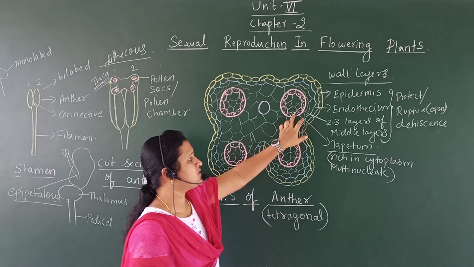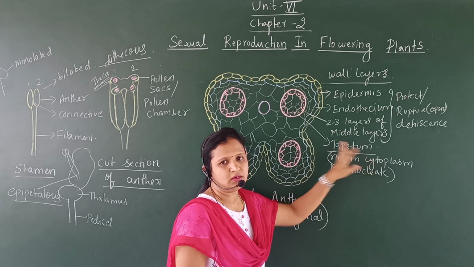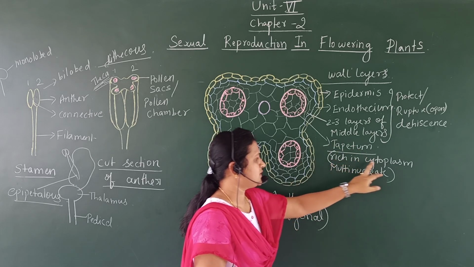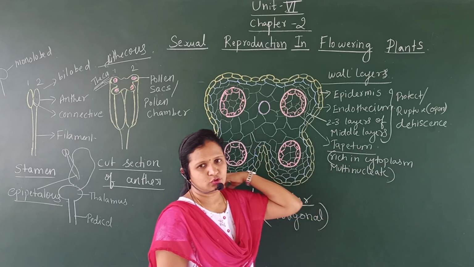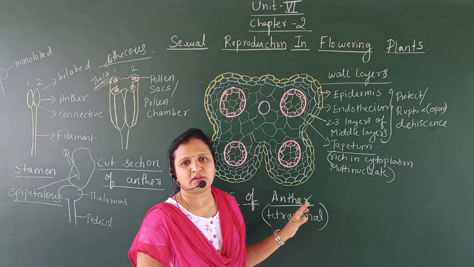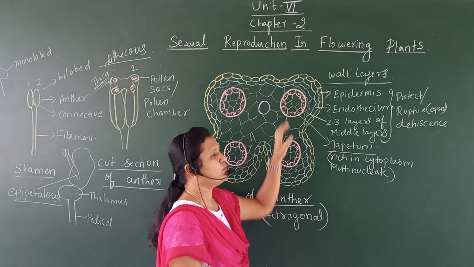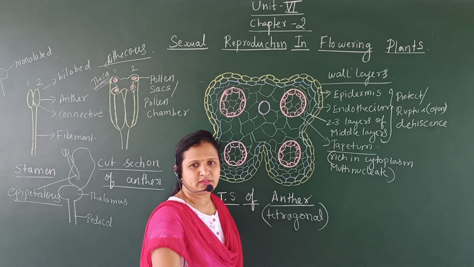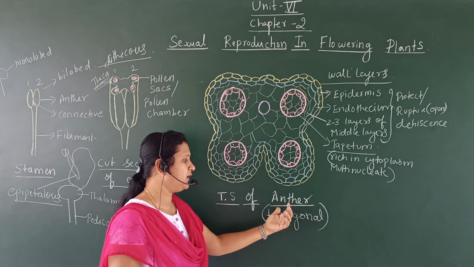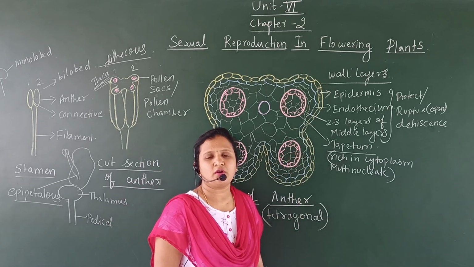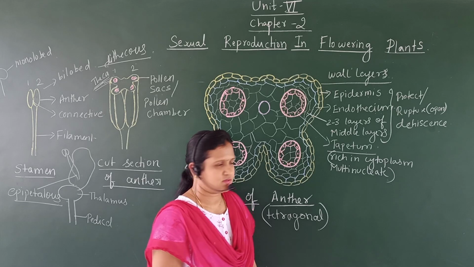So these are the characteristic features of the wall layer, the tapetum: rich in cytoplasm and multinucleate. The main function of the tapetum is to nourish the pollen grains which gradually develop. But this is a young anther, and hence it cannot absorb the pollen grains.